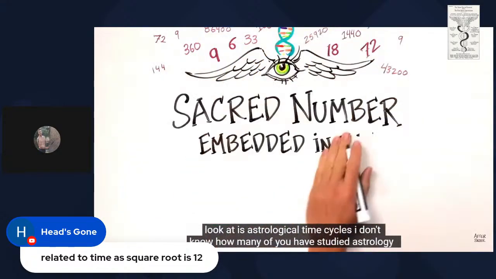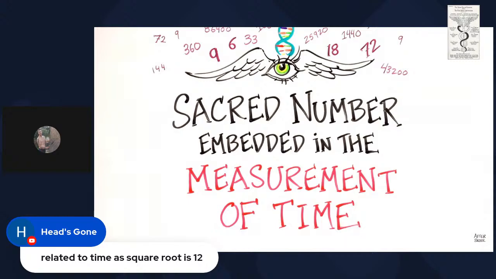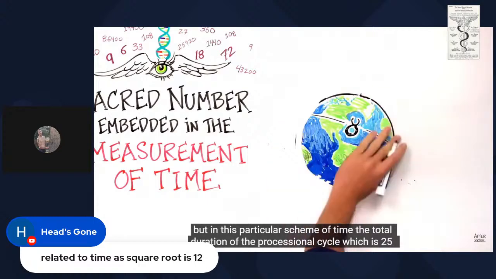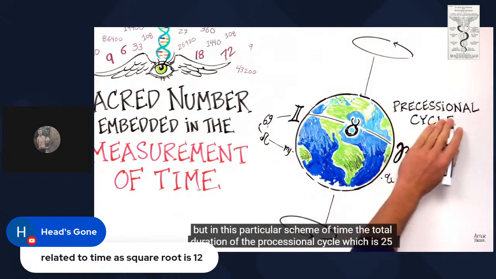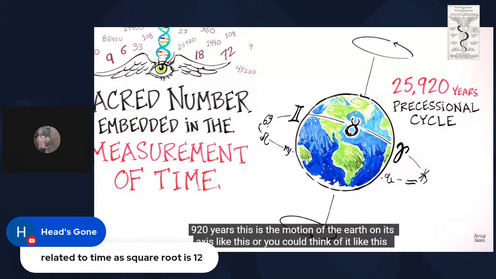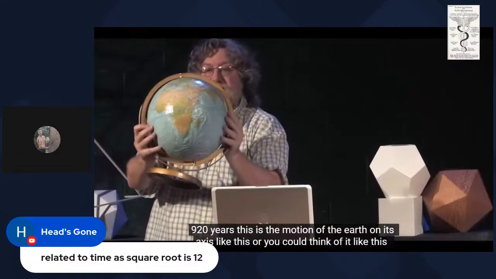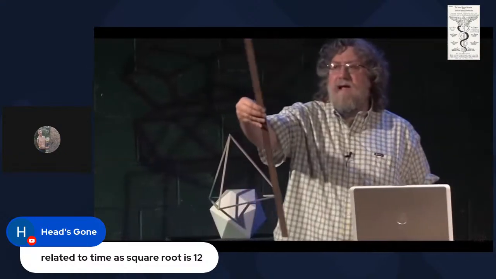The first thing we're going to look at is astrological time cycles. I don't know how many of you have studied astrology, but in this particular scheme of time, the total duration of the precessional cycle, which is 25,920 years, this is the motion of the Earth on its axis like this, or you could think of it like this.